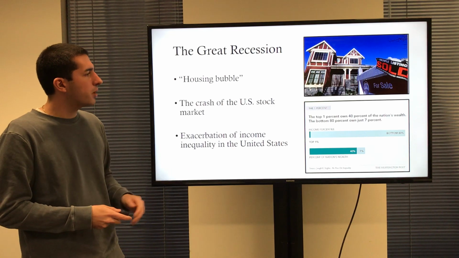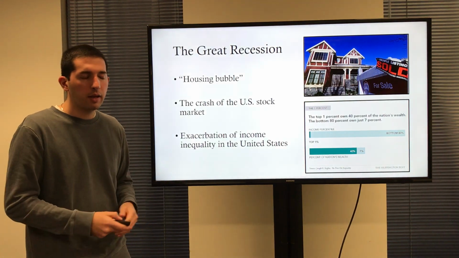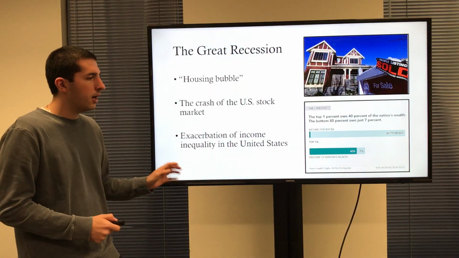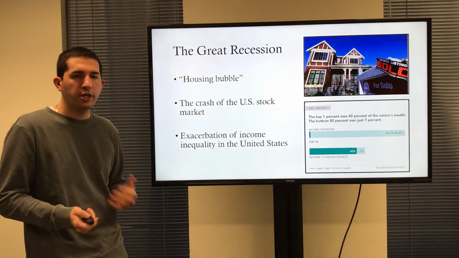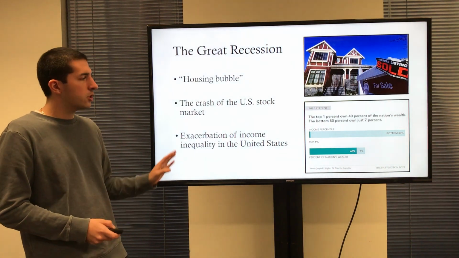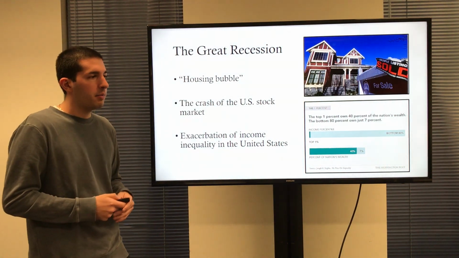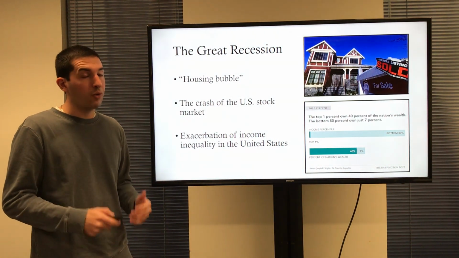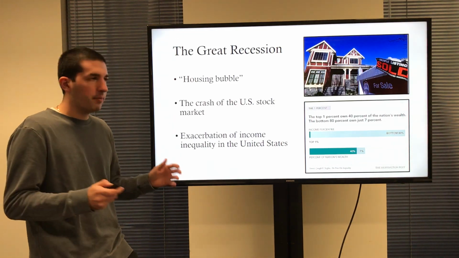And so this is a major problem in American politics and a major problem in American economics for the American people. As we talked about in our introduction, we want to measure the well-being of a population, and this certainly does not bode well that Americans are facing these rapidly increasing levels of income inequality.